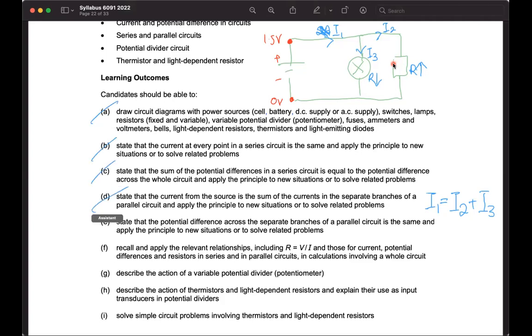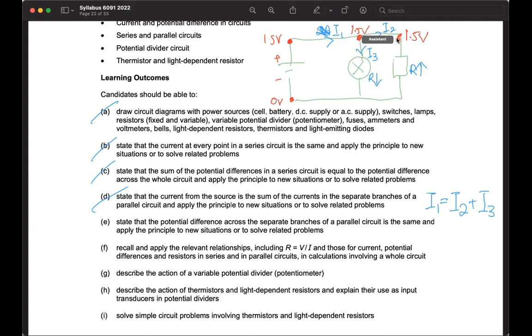Now we talk about E. Look at the red color thing that I drew here. What the battery does is to raise the potential from 0 to 1.5. If there is no component along the way, you'll always be 1.5. So along this whole line on top, this point, this point and this point, all these points will be 1.5 volt.